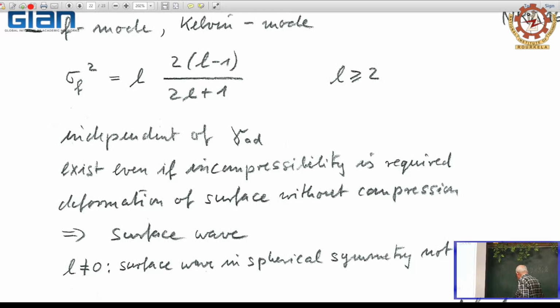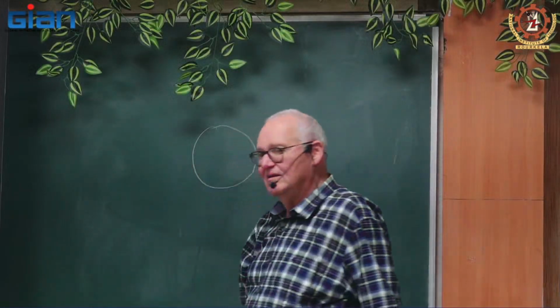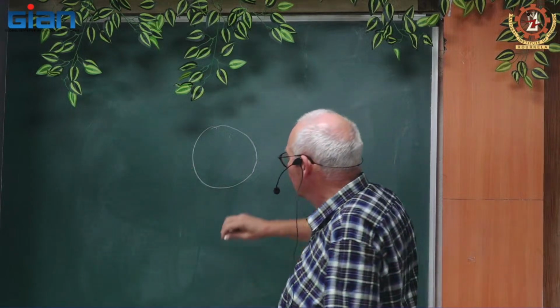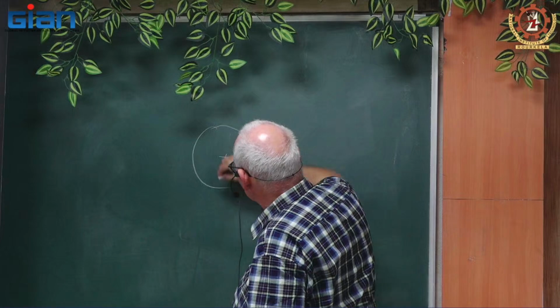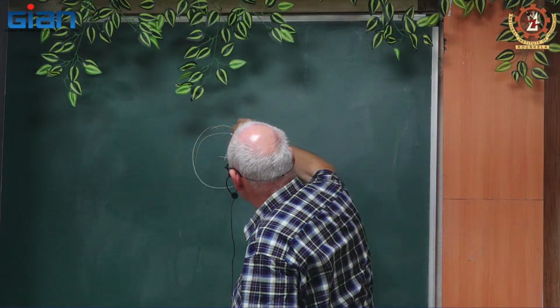Well, how does it look? So let us write down how it looks. Let's take our original homogeneous star, constant density. This is our original star, and let us deform this star with an L equals 1 perturbation. Then this is the center of our star. Well, L equals 1 would look like this.